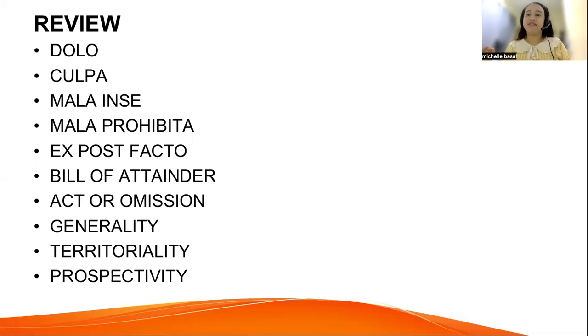So under the Revised Penal Code, when we talk about crimes against persons, we talk about murder, homicide, infanticide, parricide, robbery, and theft. So these are inherently evil. And in crimes mala prohibita, the acts punished are not inherently evil.